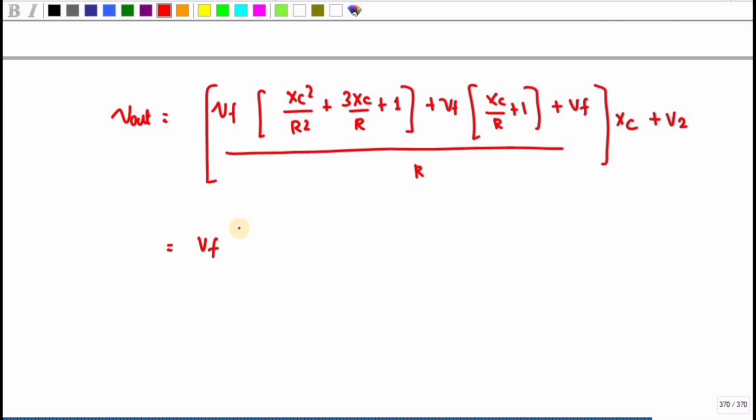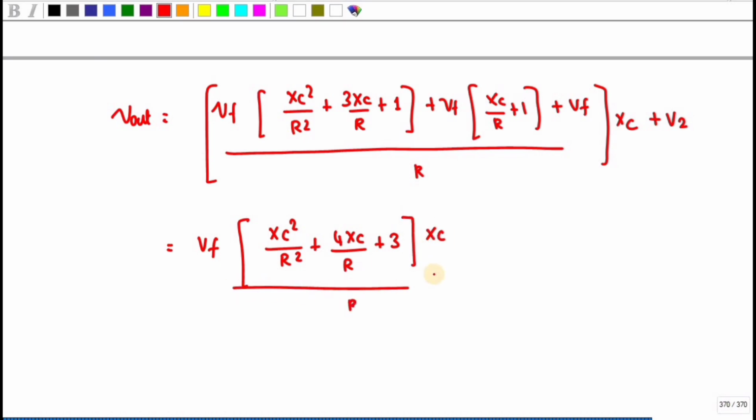So if I take Vf common, I can write Xc square divided by R square plus 4Xc divided by R plus 3 into Xc divided by R plus this V2, which is nothing but this whole term, right? Vf into Xc square divided by R square plus 3Xc divided by R plus 1.